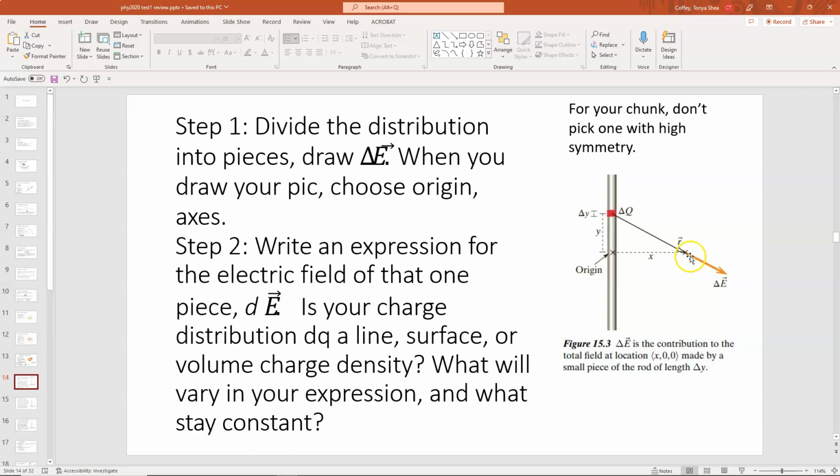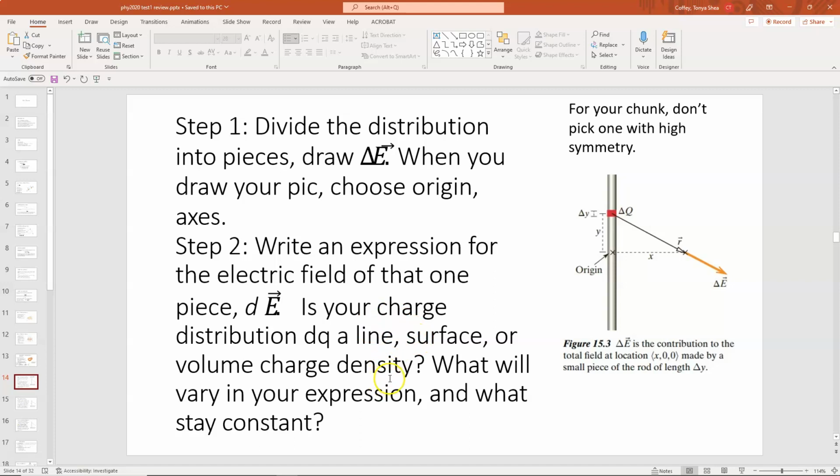And then you draw what the electric field line would look like from that little delta Q, and that's your delta E, okay? Now, what you're going to do is write an expression for the electric field for that one little piece, that one little delta E. So you have different kinds of charge distributions. You've got linear charge distributions, surface charge distributions, and then volume charge distributions where it's more 3D. So this is 1D, 2D, and 3D.